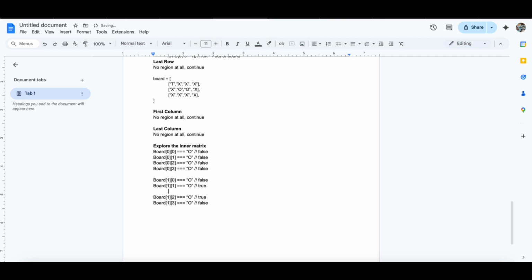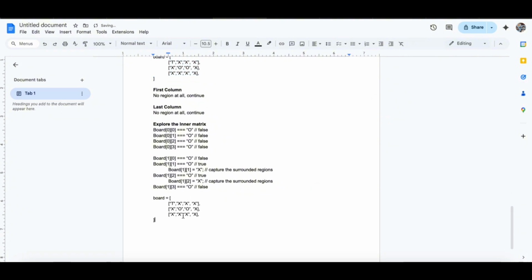So what are we going to do here? We flip them into X, capture the surrounded regions. This also we need to capture, right? Capture the surrounded regions. After this, the board will look like this.